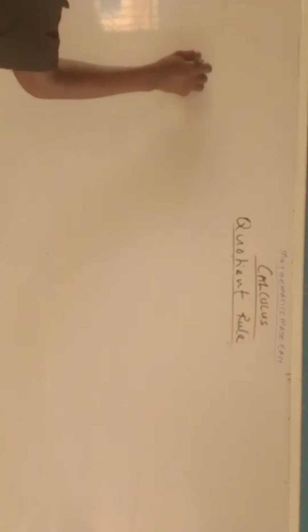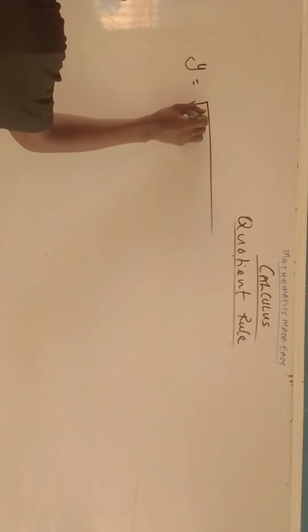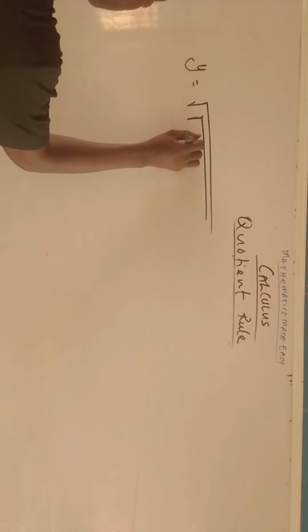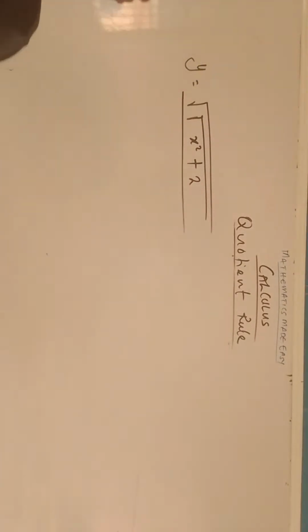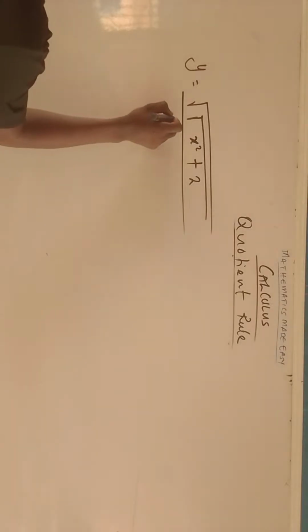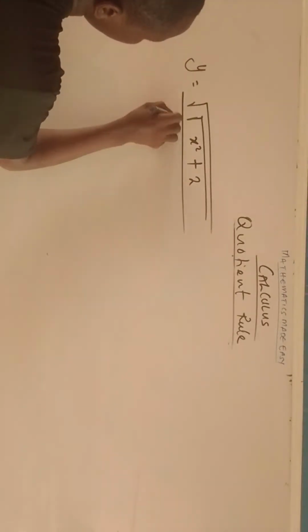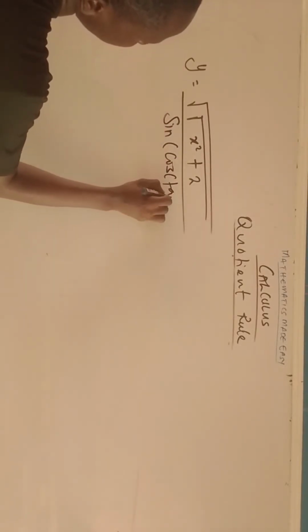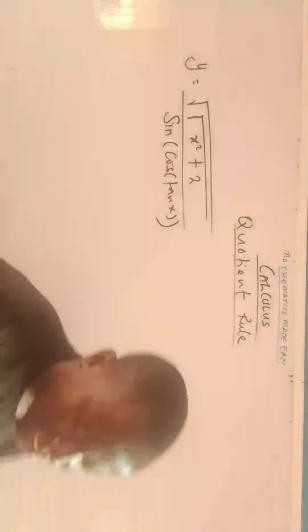We have y is equal to square root of x² + 2 over, let's use a trig function, over sin, cos, tan x. Yeah, this is the last question for today, so it has to be very hard.